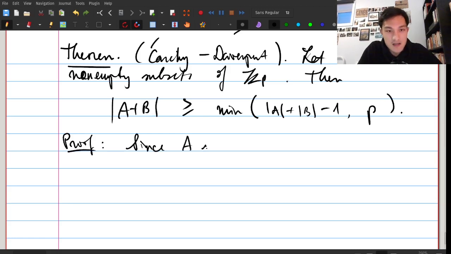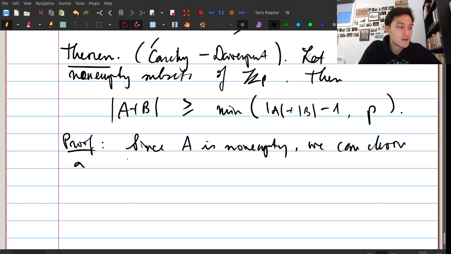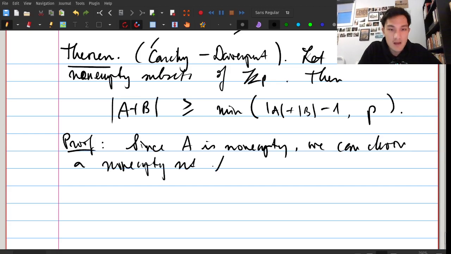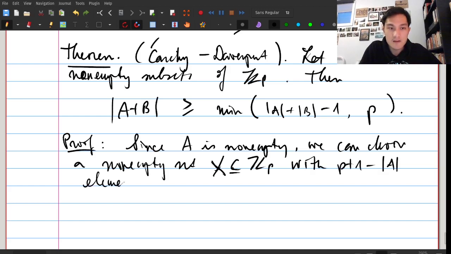Since A is non-empty, we can choose a non-empty set X contained in Z_P with P plus 1 minus the size of A elements.